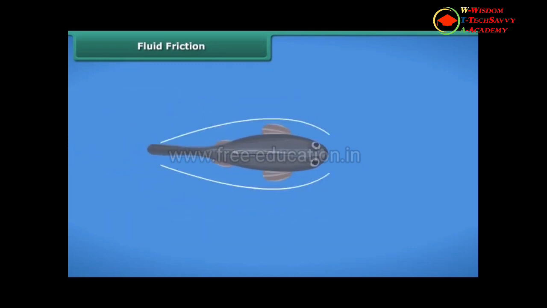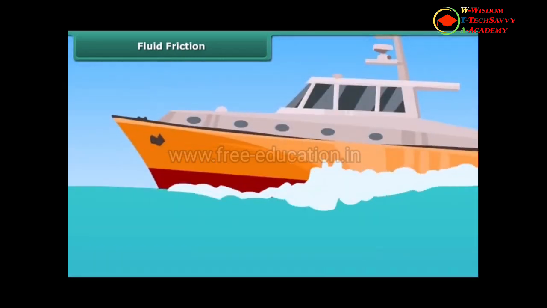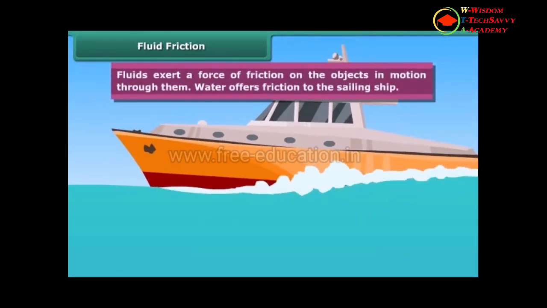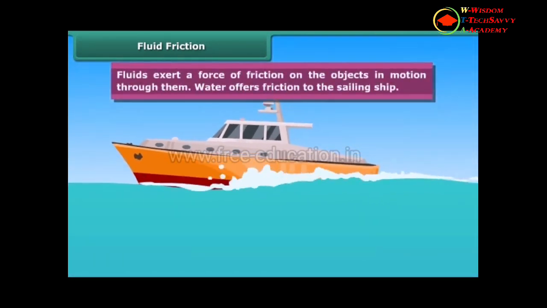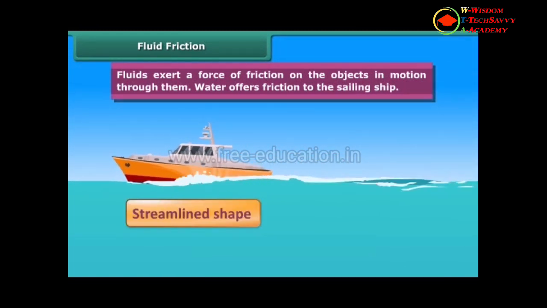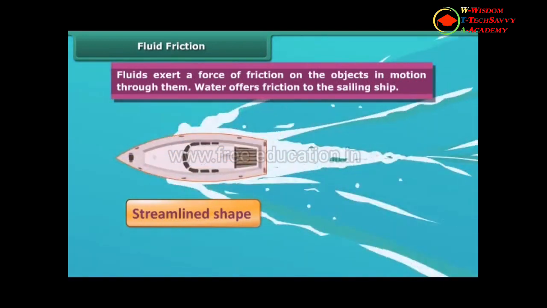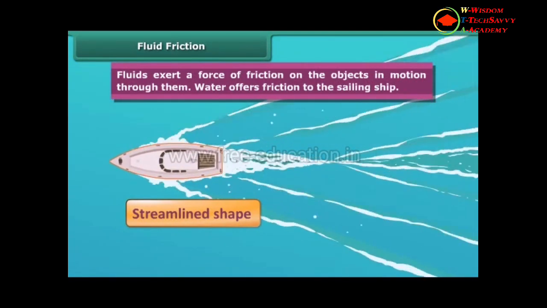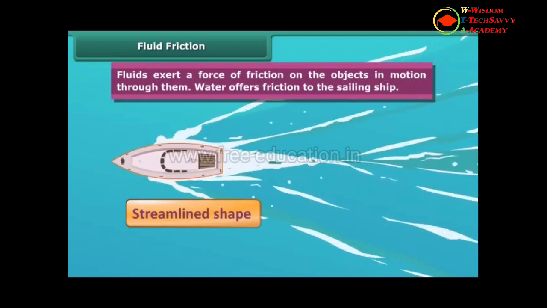The streamlined shape of fishes helps them reduce the force of friction between their body and the water through which they move. Boats and ships are narrow in front and sloping on the sides. This is known as streamlined shape. Streamlined shape reduces friction from the fluid medium through which these objects move. Water offers friction to the sailing ship.